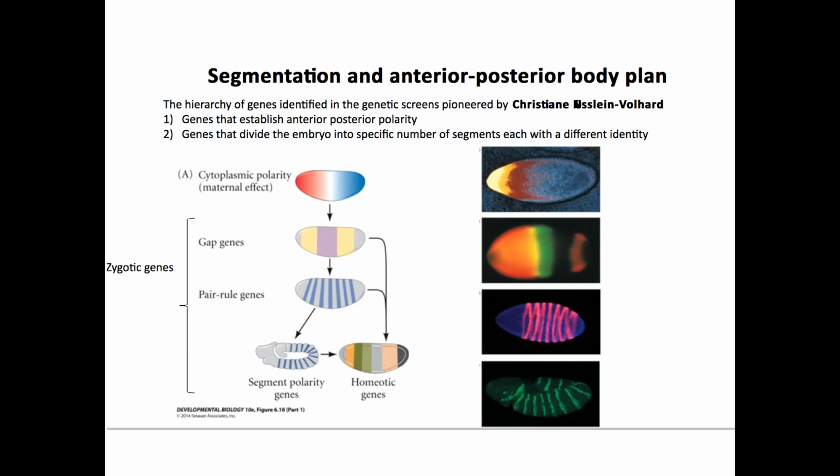Now, you can ask me the same question for even pair rule genes or homeotic genes. Good question. Why is the name gap gene? Because essentially, if you lose these particular transcription factors, a huge segment of the embryo doesn't form. So there are gaps in embryonic development. So many segments are lost.